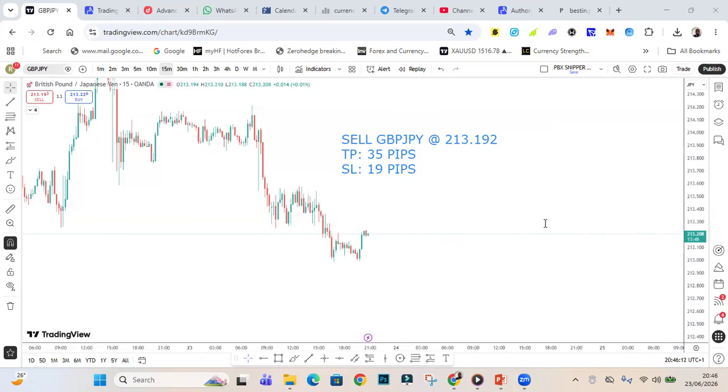Can you do this arithmetic? Sell GBP JPY at 213.192. We are selling. Take profit 35 pips. Stop loss 19 pips.